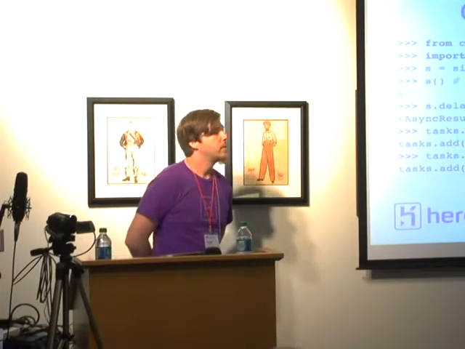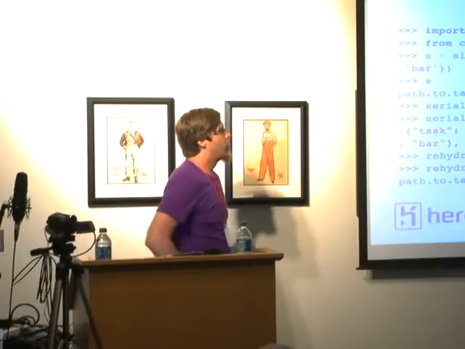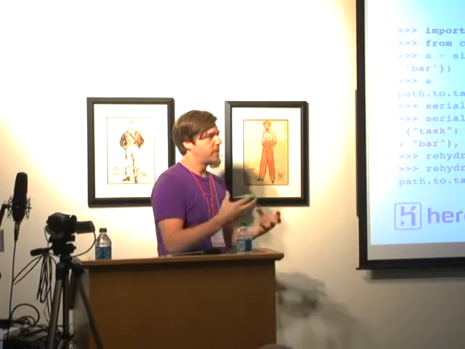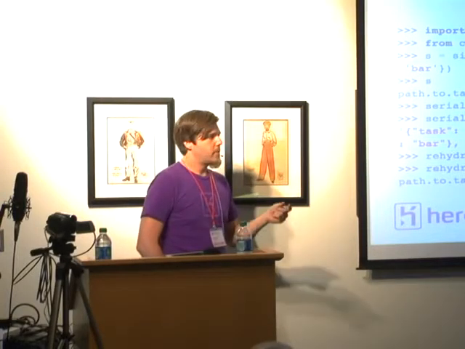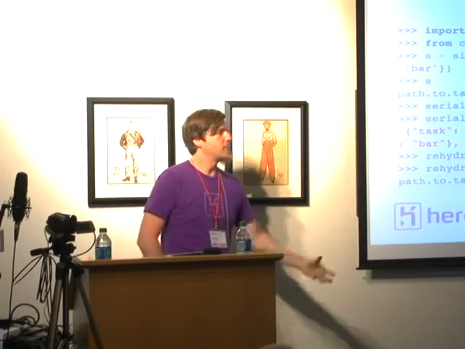What was the subtask type? I'm sorry? What was the subtask type there in that JSON? Subtask type we'll get to a bit later, but for normal tasks, it's none or null. For the workflow types, which aren't actually a task, but they're a serialized representation of a workflow or a group of tasks, the subtask type is a key that tells Celery which type of registered signature to use in order to reconstruct this signature object.